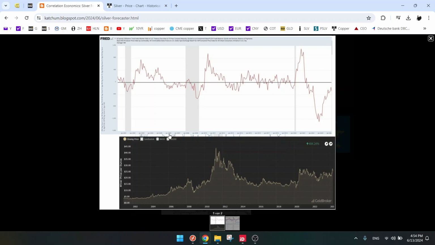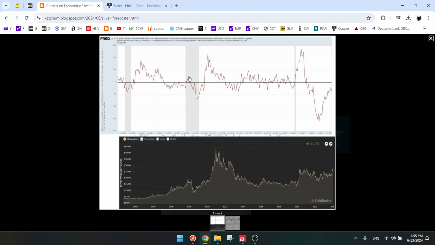2005 and 2006. So between 2005 and 6, a dip, meaning the silver price is underperforming. We stay in the negative. It's not going up. Then in 2008 we rise again.